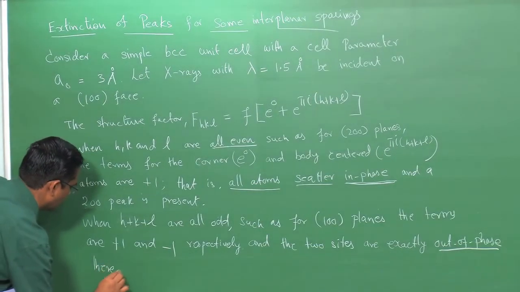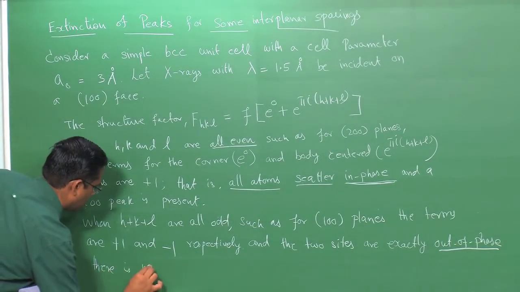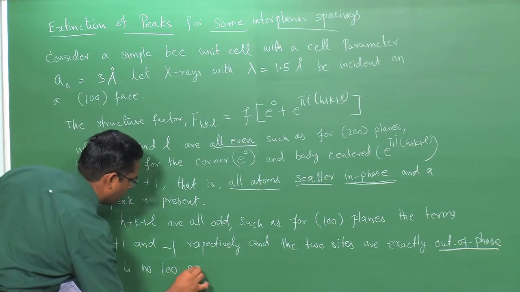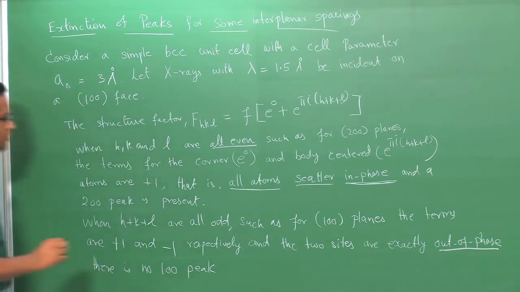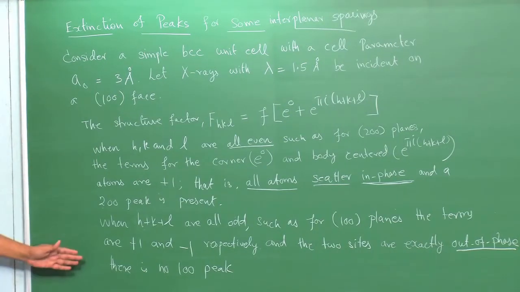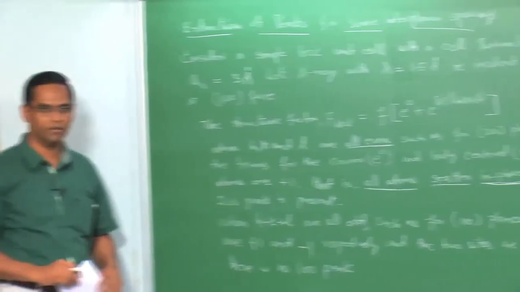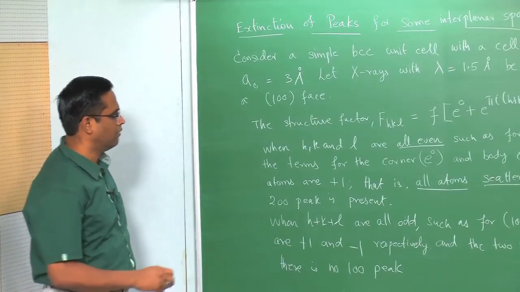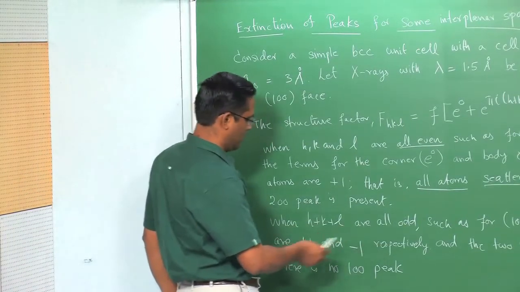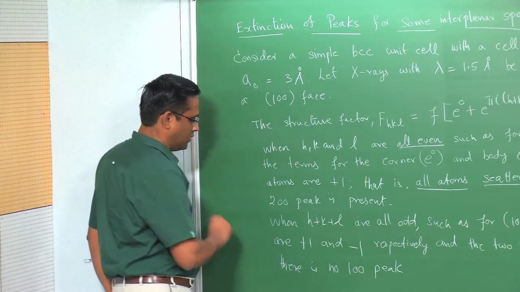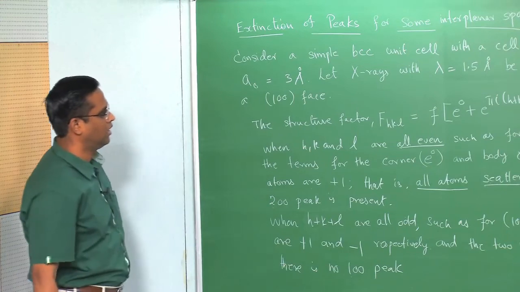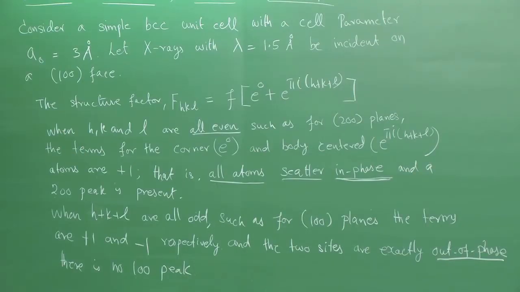And there is no 100 peak. So, in fact, what I have written is what I have shown in the previous slide where I showed the reciprocal lattice, where you could see only these kind of planes, not this kind of plane, because of these extinction rules.